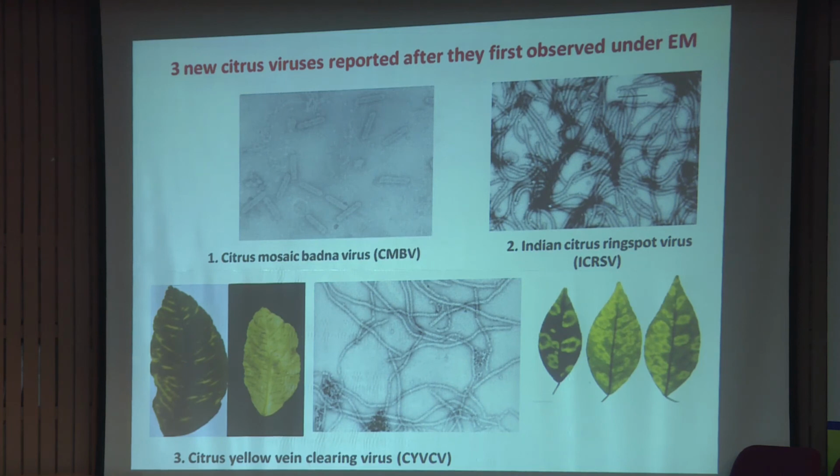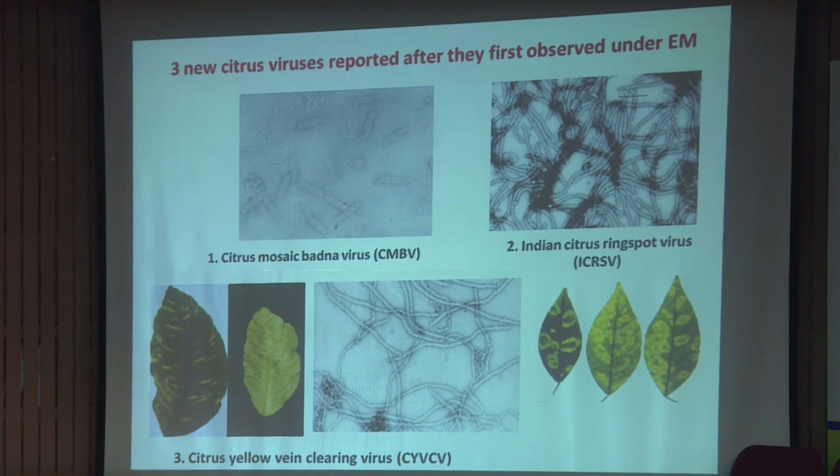But because of electron microscopy, we reported these viruses. Dr. Y.S. Ahlawat, you might have heard his name in citrus virology. His group, we worked on these viruses for the first time in India.